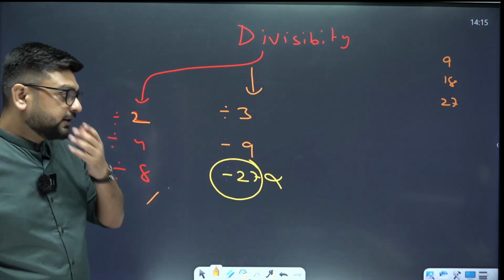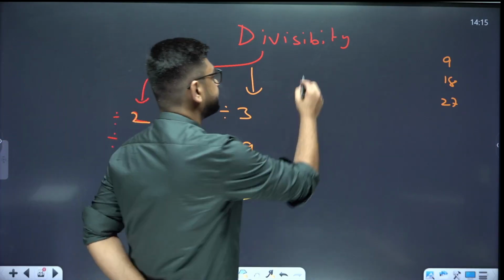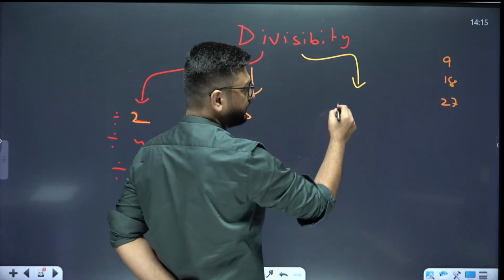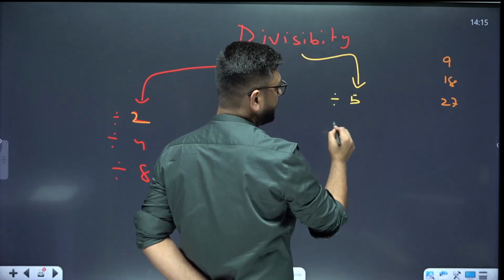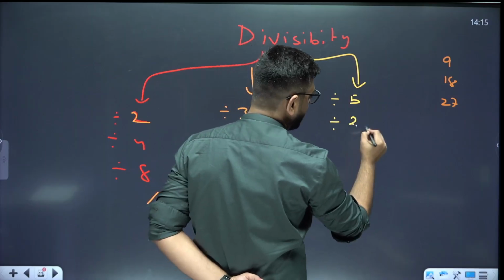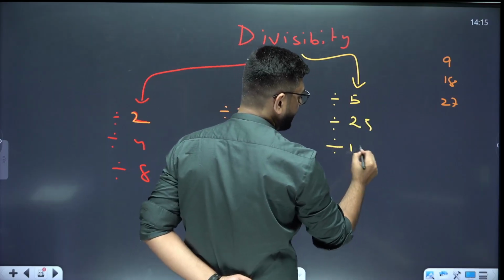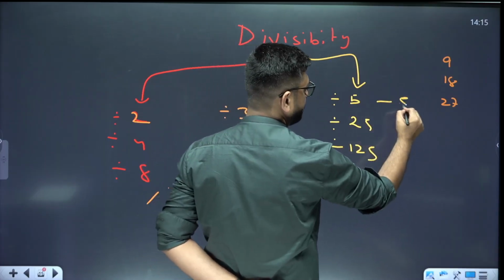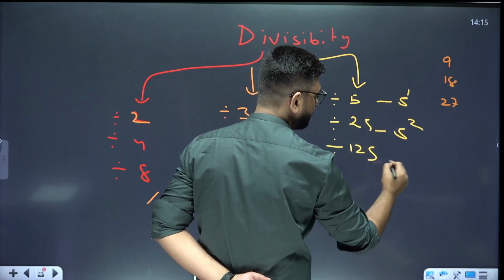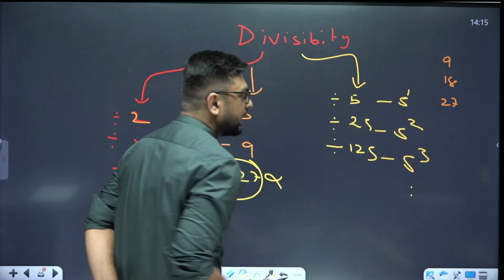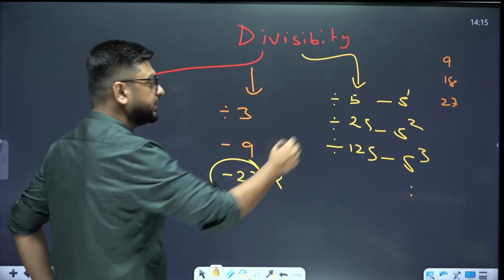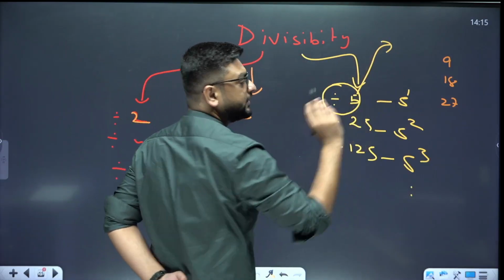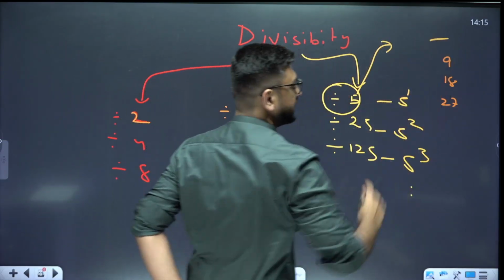Now, the next part, we have understood divisibility of 5, divisibility of 25, divisibility of 125. This is 5 raised to power 1, this is 5 raised to power 2, this is 5 raised to power 3, and so on. How are we doing it? For divisibility of 5, we need the last digit, the unit digit.